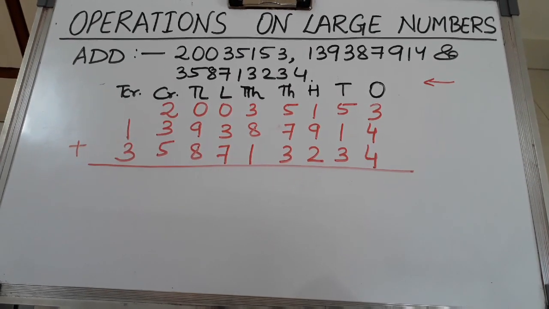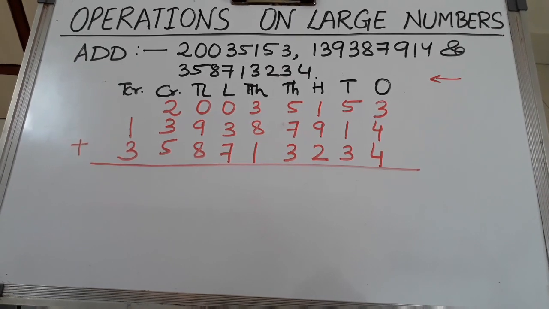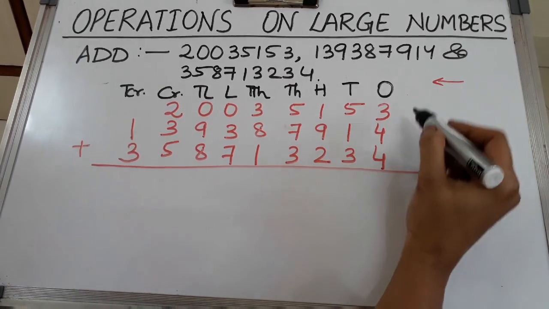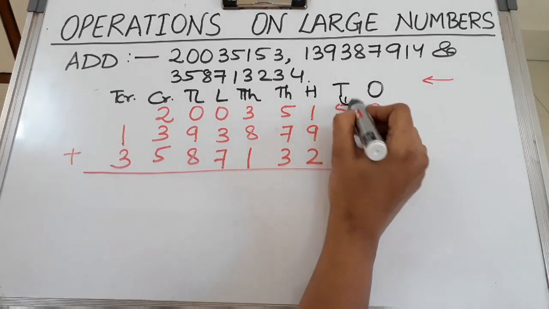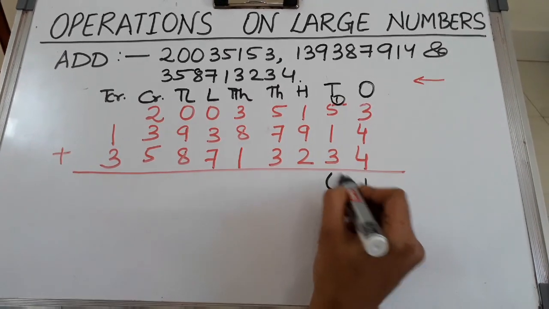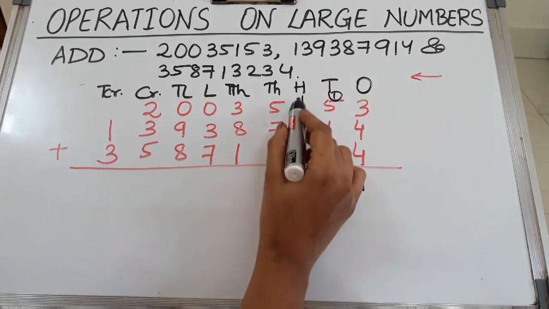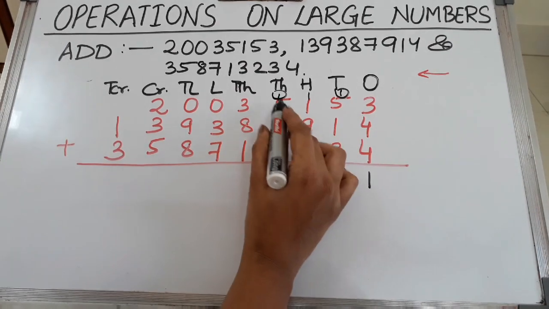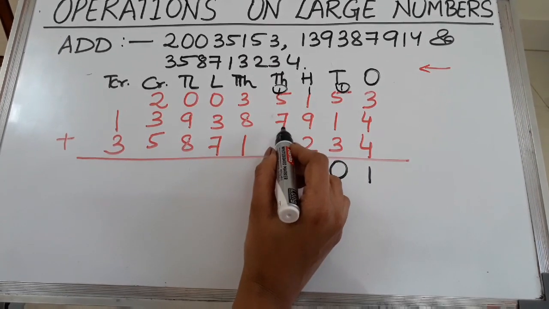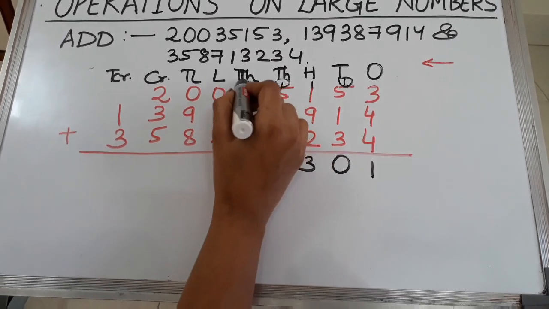This addition is very important here. Again, we have to solve it very slowly. 3 plus 4 is 7. 7 plus 4 is 11. So simple addition we will do here. Again, this is 0, 1, 10. Again this is 10, 11 and 13. Again this is 6. 6 plus 7 comes to 16.